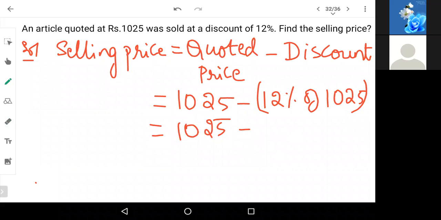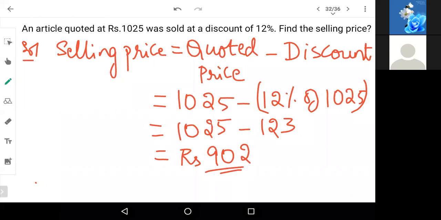What will be 12% of 1025? 123. Right? Now if you do 1025 minus 123, you will get 902. So this will be the selling price of the article.